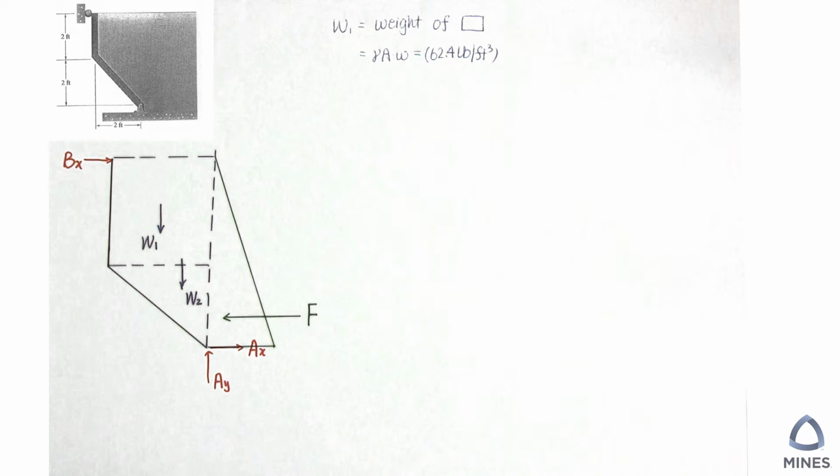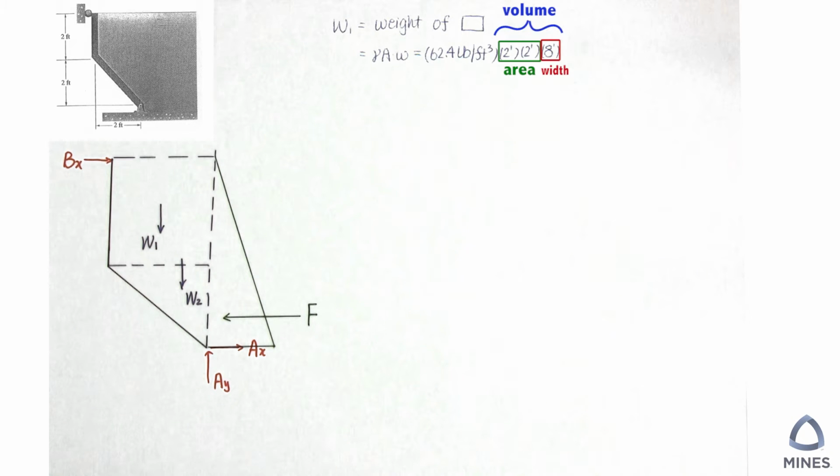However, right now we only have the specific weight. So what does this mean from the unit? We have to multiply by a volume so that we can convert the specific weight to a force. So how are we going to calculate the volume of the water? It's equal to the area multiplied by the width into the water.